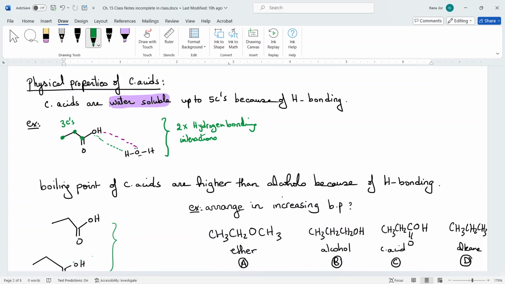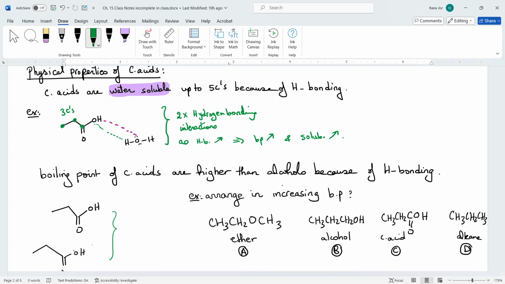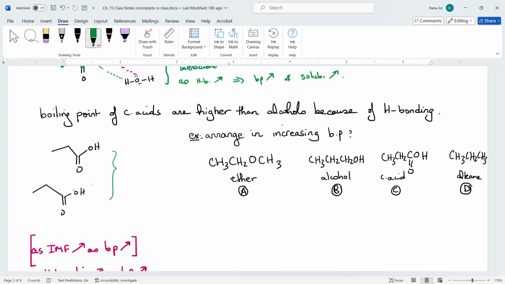So with 2 hydrogen bonding interactions, as the hydrogen bonding increases, the boiling point is going to increase and the solubility is going to increase as well, okay? So the solubility is affected by hydrogen bonding, and the boiling point as well is affected by hydrogen bonding.